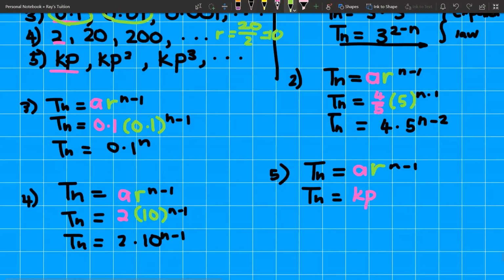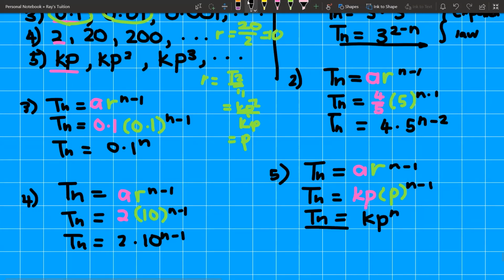And then R is our common ratio, so we can calculate it as T2 divided by T1, so Kp squared over Kp. And if we divide that, we get p. So our common ratio is p, and that is to the power of n minus 1. Again, using our exponent laws, we have that p times p to the power of n minus 1 is just p to the power of n. And there we have it, the general formula of that term.